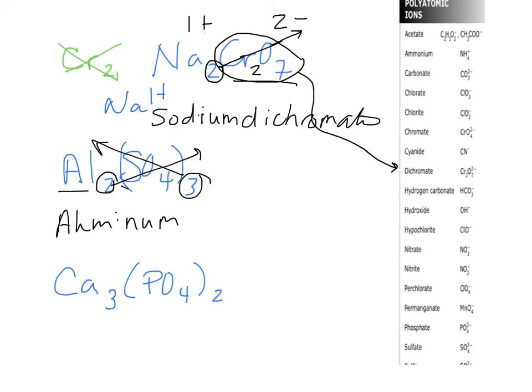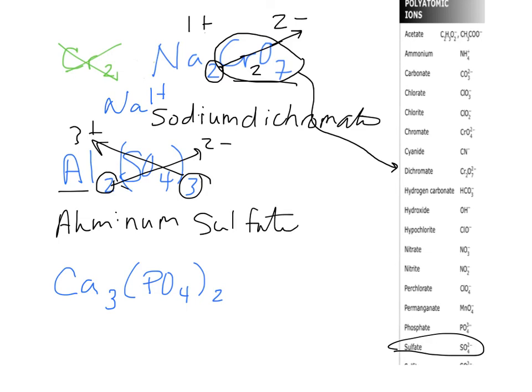We don't write aluminum 3. This is wrong, okay? And the reason we don't do that is because we know that it's in group 13, so we don't need to write that. We know group 13 is a 3+ charge. So again, this aluminum was a 3+, and our sulfate was a 2-. So this is our sulfate here, and so we just write aluminum sulfate, okay?